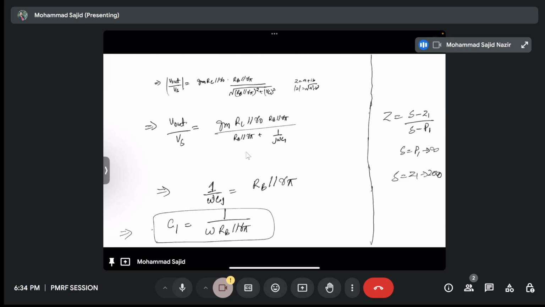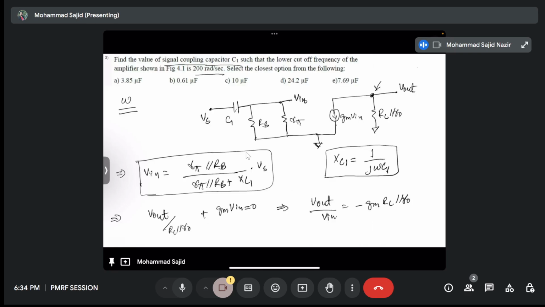Okay, so this question will give us a repeat on how to calculate the poles. The question is: find the value of signal coupling capacitor C1 such that the lower cutoff frequency of the amplifier is this omega, which is given. Now we need to find the value of omega. So what I will do is find the input voltage going into the transistor.